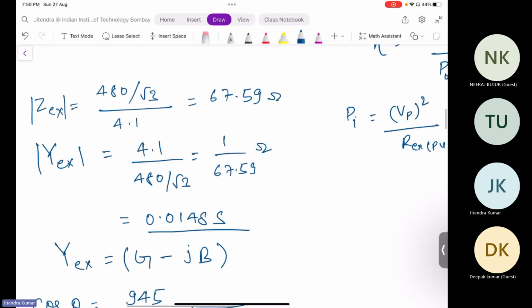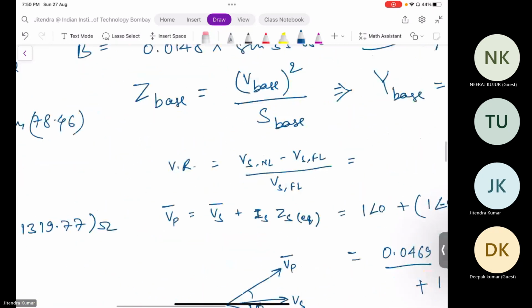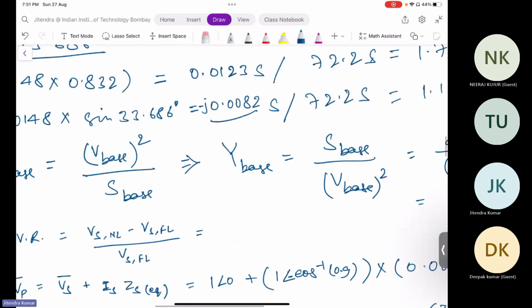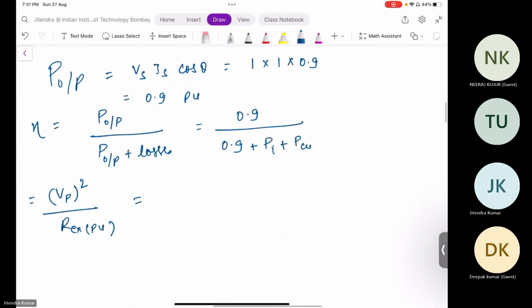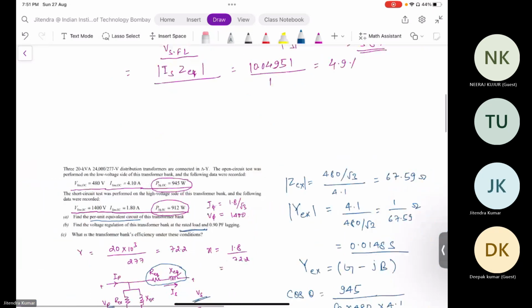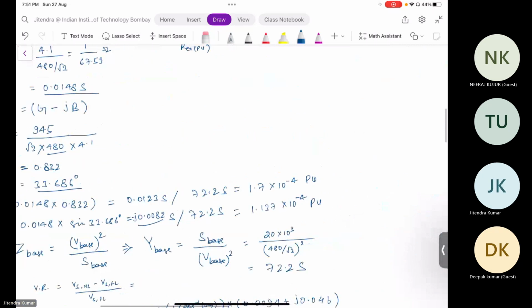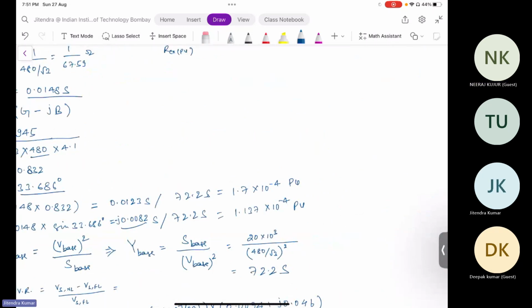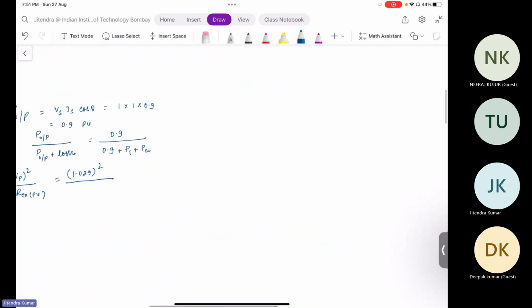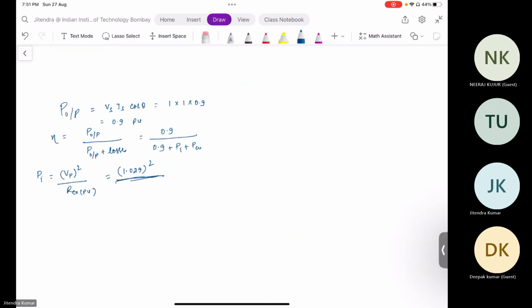Vp we have computed as 1.029, square, divided by this Rc per unit, or multiply it with Gc per unit, so 1.7 into 10 raised to power minus 4.